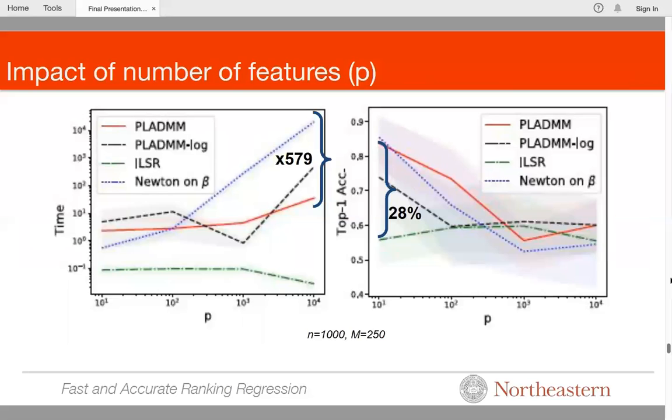And also, compared to number of samples, when we have a small number of features, learning from features becomes advantageous in terms of predictions and resulting top-one accuracy compared to ILSR. In this setting for 10 features, we actually outperform ILSR by 28% top-one accuracy.